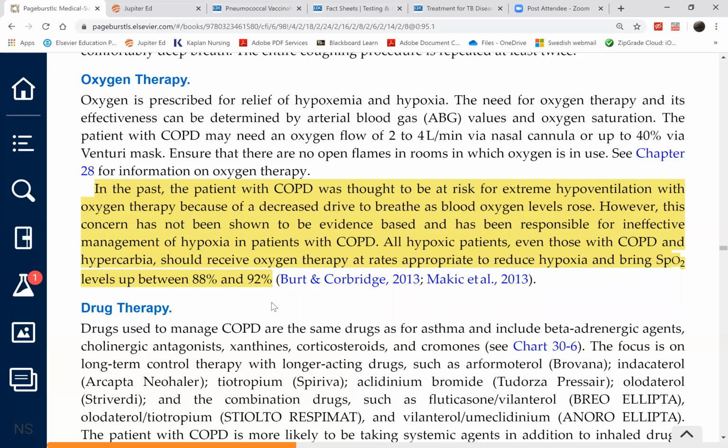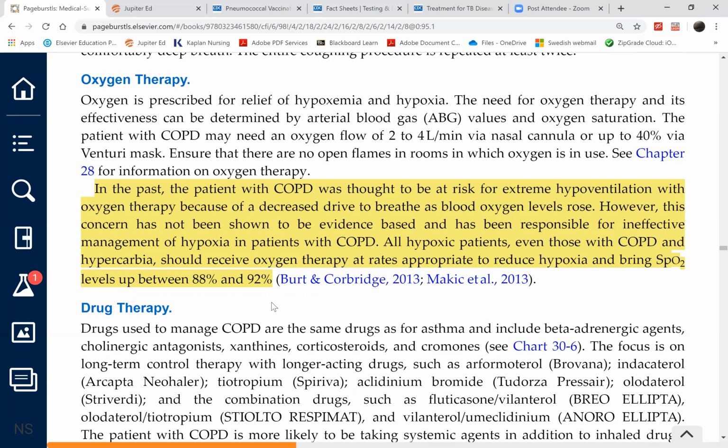In the past, the patient with COPD was thought to be at risk for extreme hypoventilation with oxygen therapy because of a decreased drive to breathe as blood oxygen levels rose. However, this concern has not been shown to be evidence-based and has been responsible for ineffective management of hypoxia in patients with COPD.